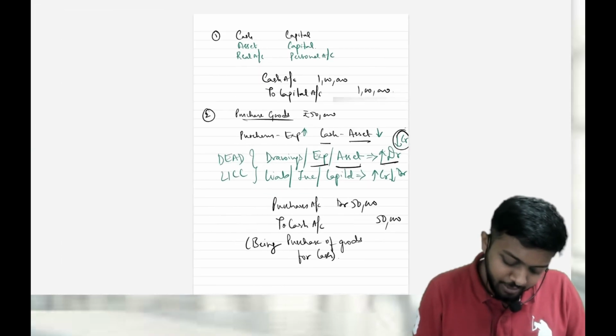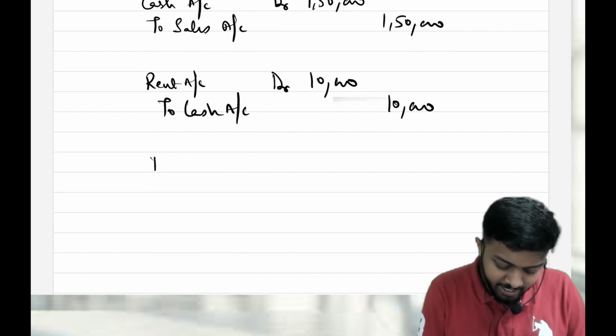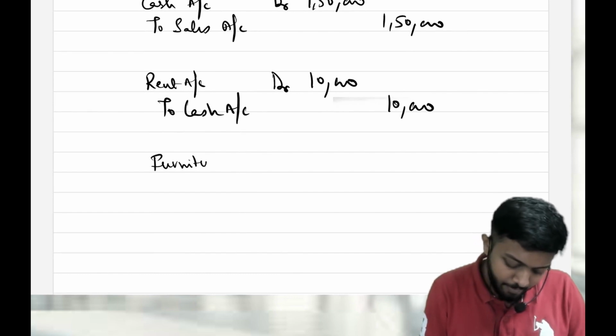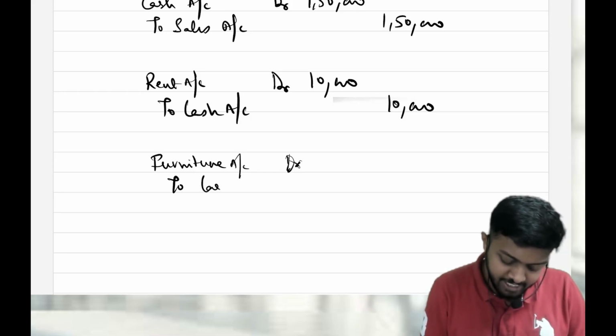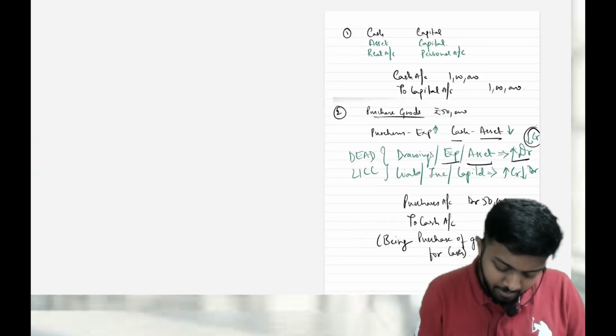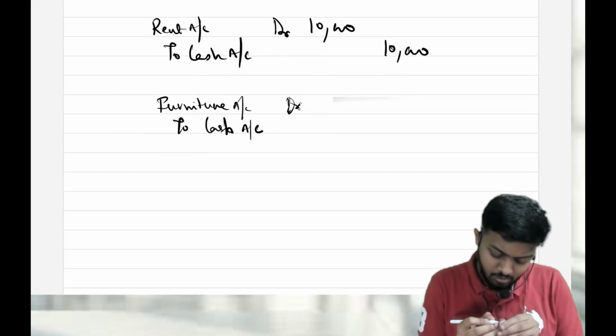Then one more thing I have done: purchased furniture. Furniture is an asset increasing, debit. To cash, an asset decreasing, credit. How much? 20,000. Okay.